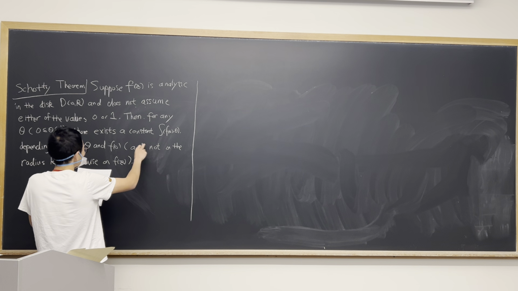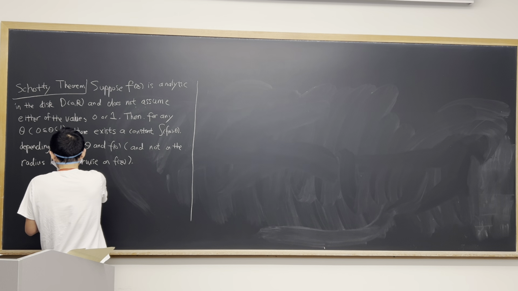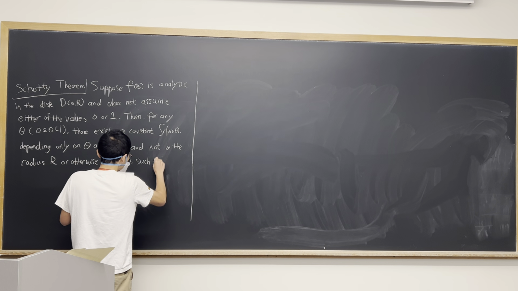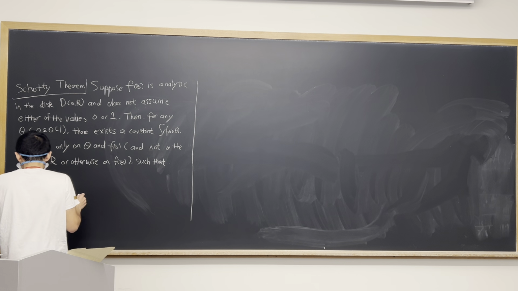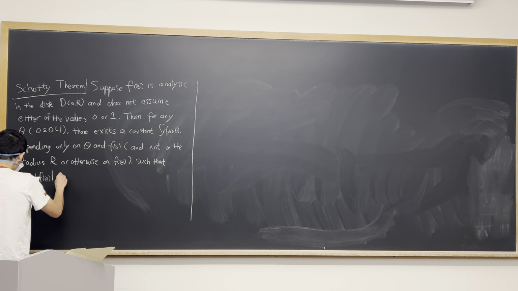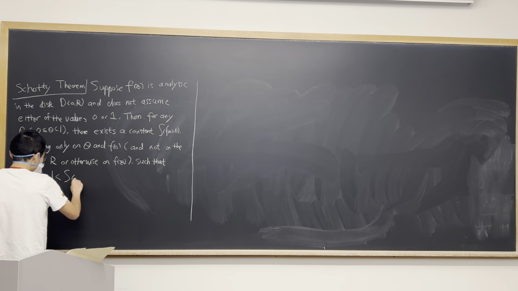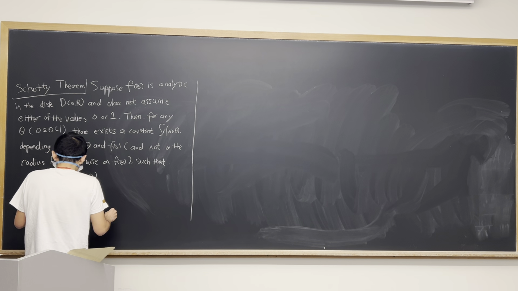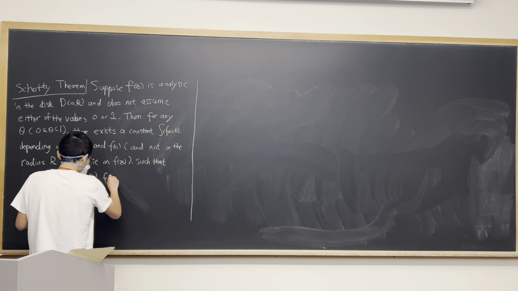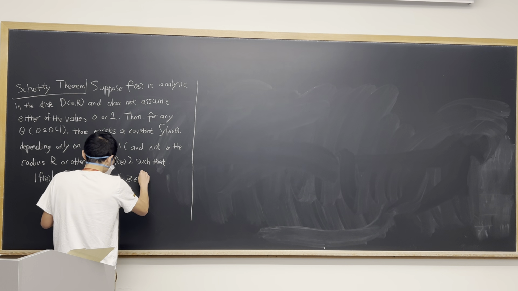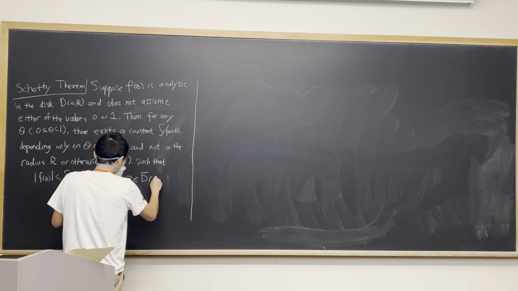So this only depends on theta and f(0), not on the radius or on the function, such that the modulus of f(z) is less than S(f(0), theta) for all z in this closed disk at 0 of radius theta R. Okay.